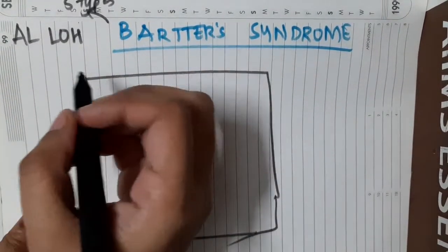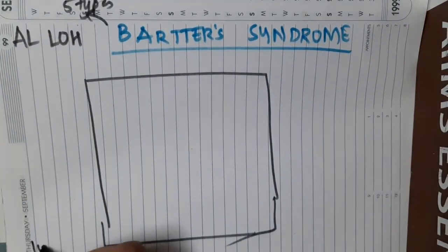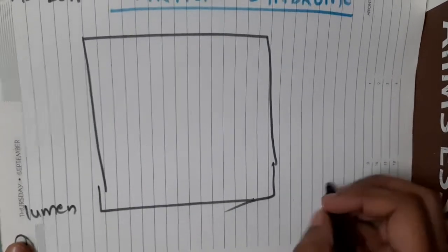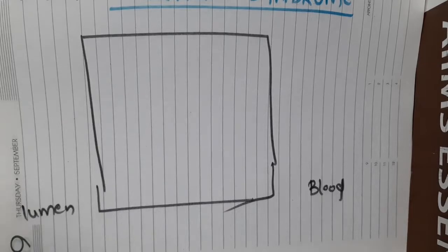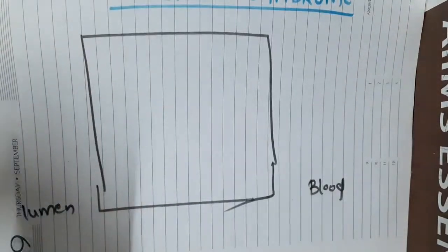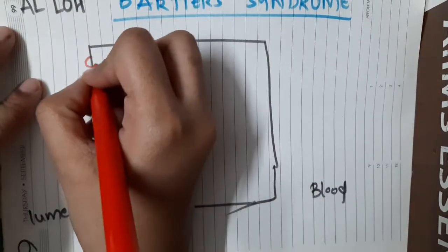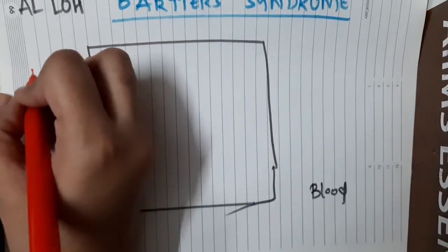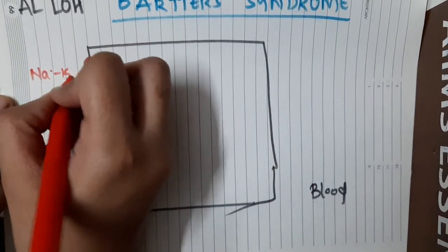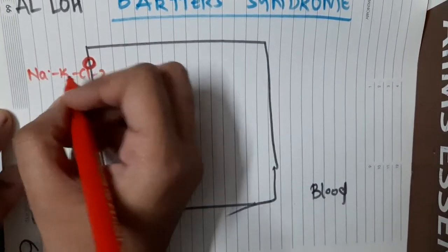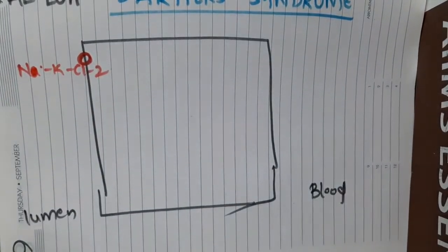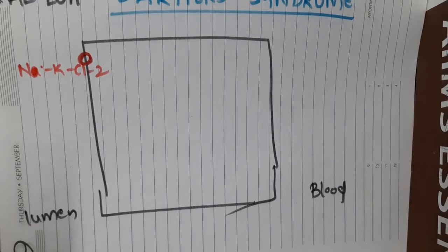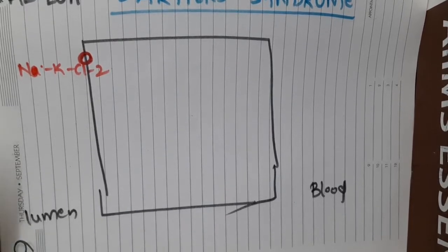Mainly, if you see type 1, this is the lumen and this is the blood. In type 1, there is a defect in the transport of sodium, potassium, chloride, that is the NKCC2 transporter, the sodium-potassium-2-chloride co-transporter.